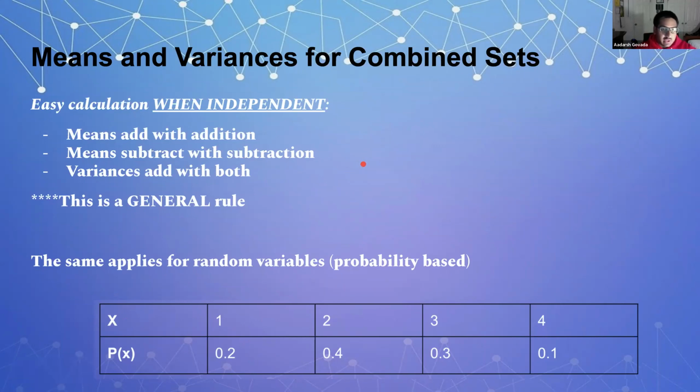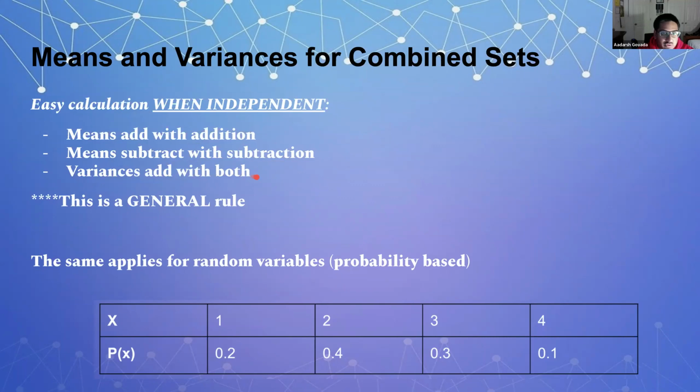If you have the expected value for two separate random variables and you want to find the expected value for a combined random variable, you do the same thing. You add it together. And if you want to subtract the second one from the first one, then you subtract the second expected value from the first expected value.